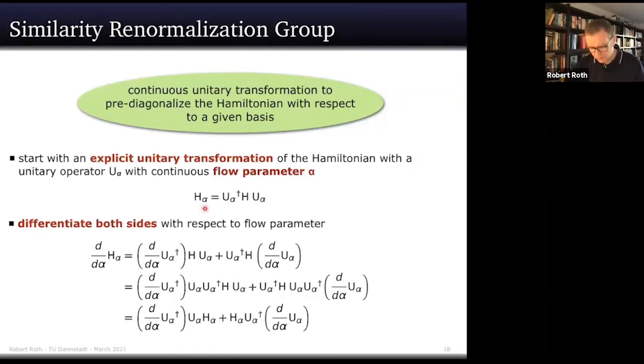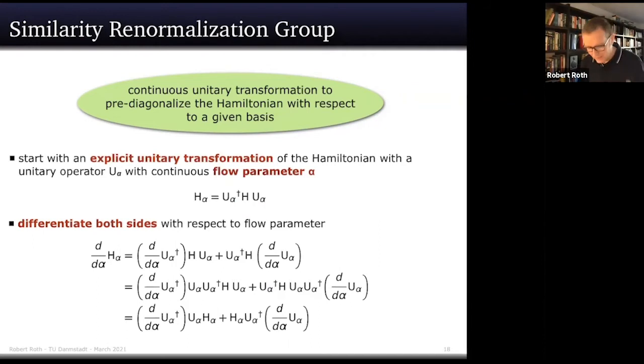We use this parameter to simply rewrite this explicit unitary transformation of the Hamiltonian in the form of a differential equation. That's kind of weird at first, but you know this kind of rewrite already. You know it from basic time evolution in quantum mechanics.